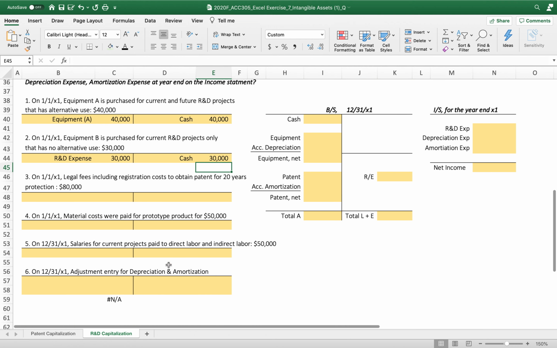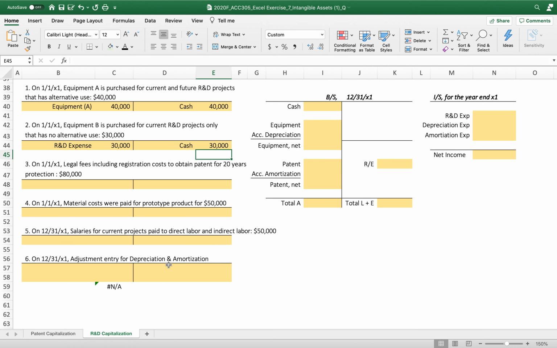And then the legal fees, including registration costs. Now we include all the costs to protect the patent that we already have on hand. So it can be capitalized as part of the patent as legal fees.